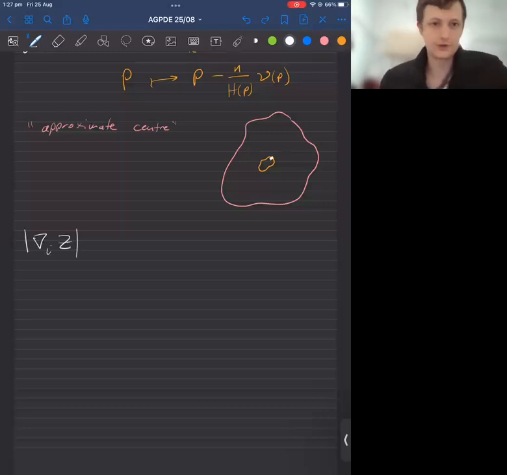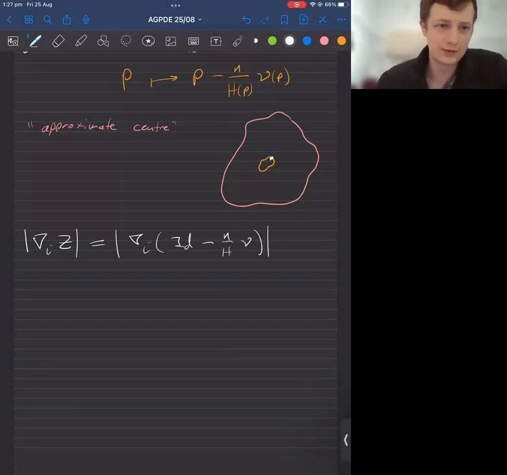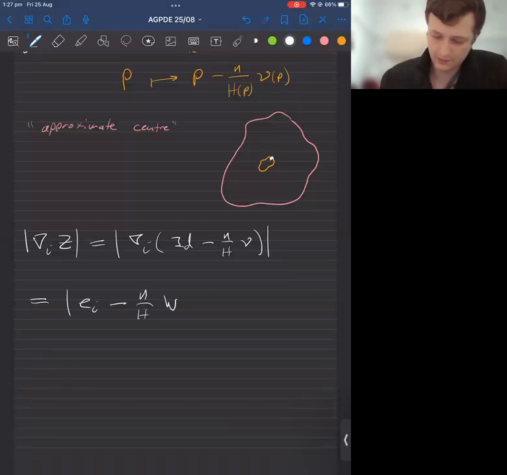Well, if we look at the derivative, so this is kind of like doing this derivative. Well, it is exactly this derivative. So we're trying to show a derivative bound to make sure we get a C0 bound. So if I differentiate this, I get the vector e_i minus, okay, so I want to differentiate the normal in the direction i, and that's just going to give me, by definition, the Weingarten map acting on e_i.